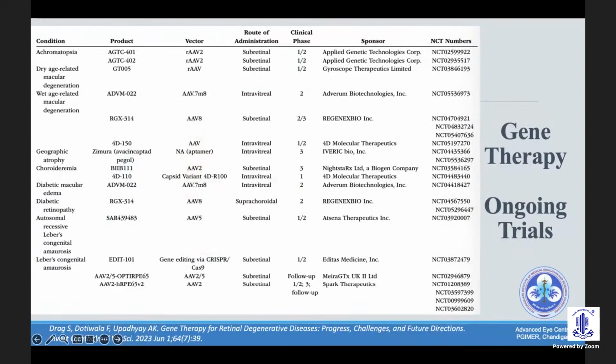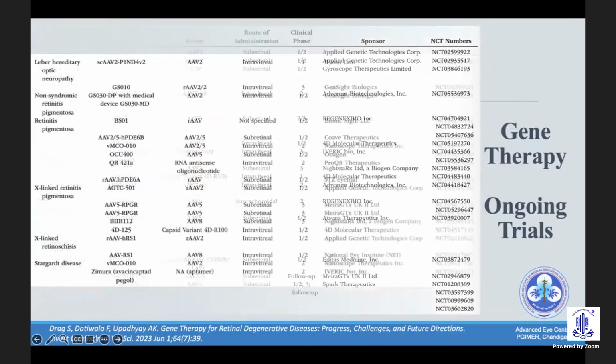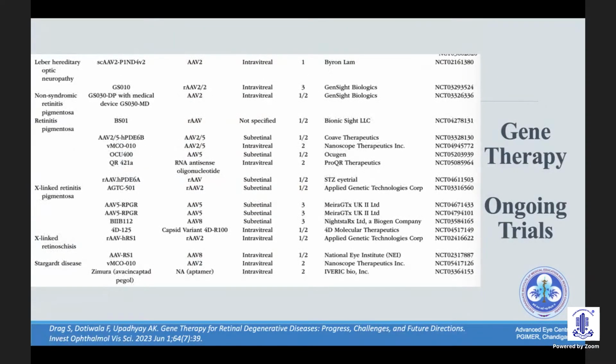Then Leber's congenital amaurosis: we already have one therapy, and there are multiple others, including one using gene editing with CRISPR for the CEP290 gene, which is also in an advanced stage of testing in clinical trials. These are just clinical trials, not the preclinical trials that are ongoing.